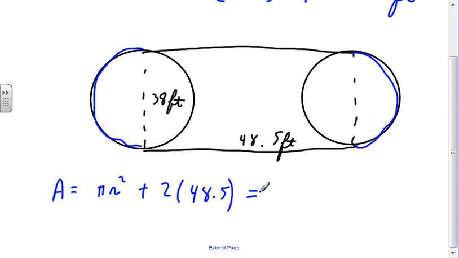Boom. And again, I only want 3 significant digits. 1, 2, 3 feet squared. As I was saying, 1, 2, 3, 0 feet squared. A little small there. Okay, so that's number 20.